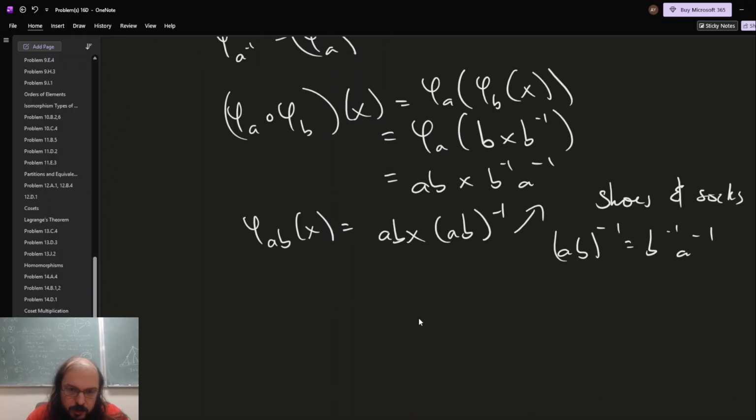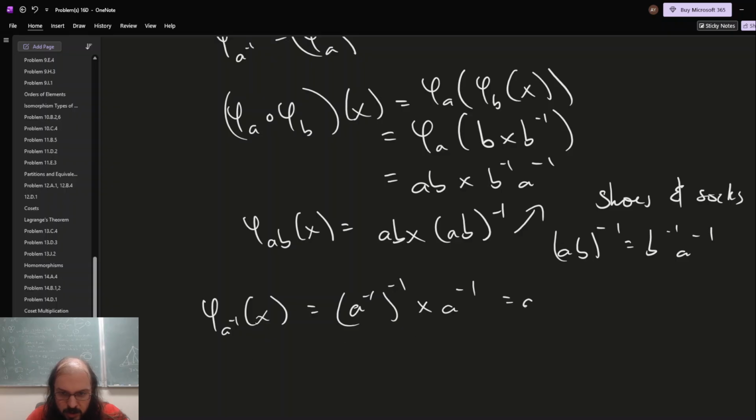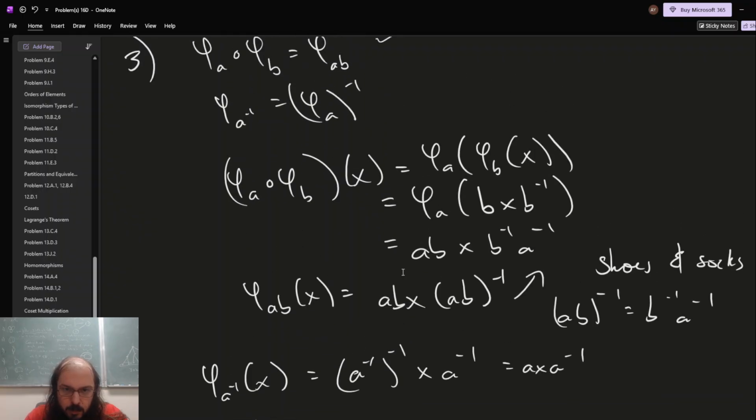Phi of A inverse. Well, let's check it again on an X. This is A inverse inverse X, A inverse, which is AX, A inverse. Phi of AX, I'm realizing, did I copy this down correctly?